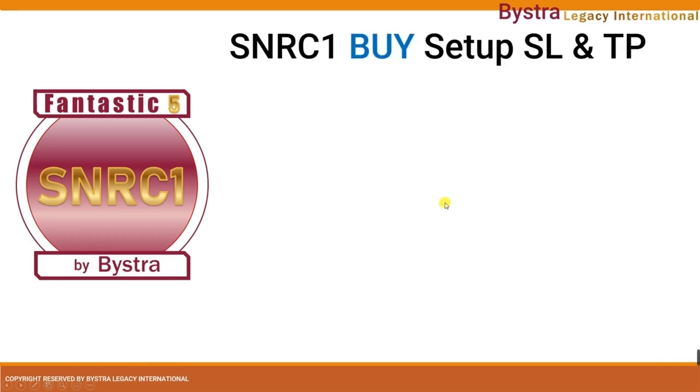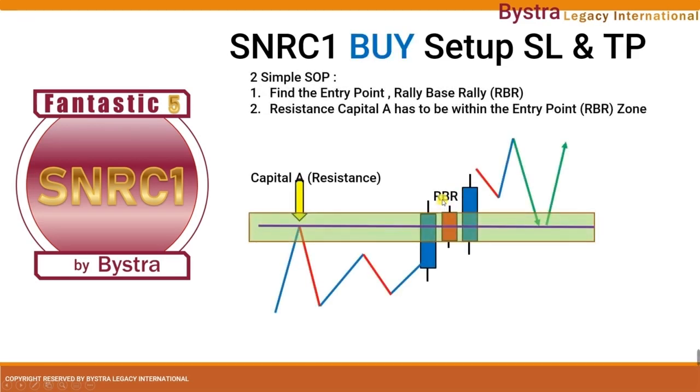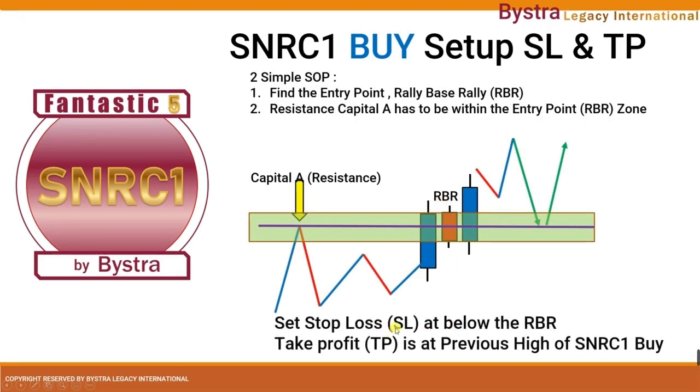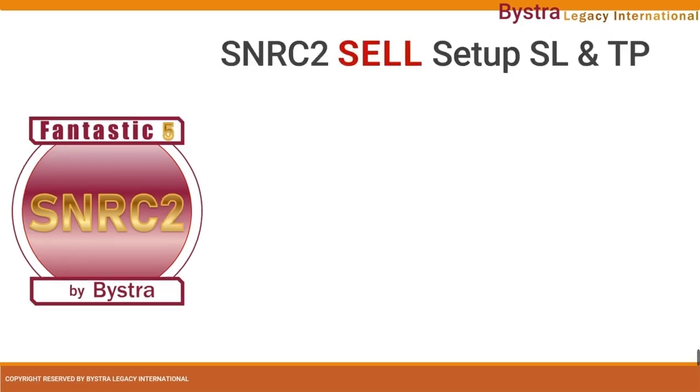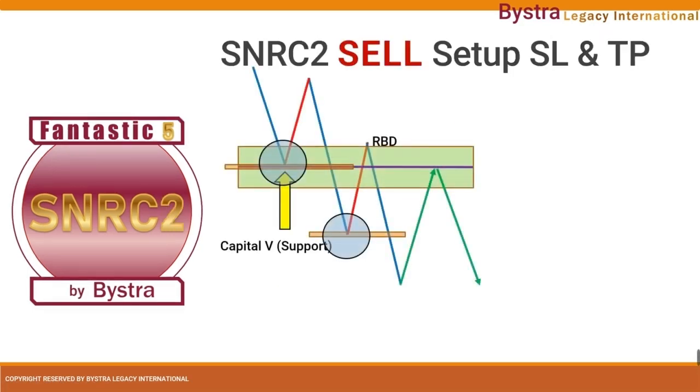Next, for the SNRC1 buy setup, something similar. We will set the stop loss below the rally base rally, below the entry point at the rally base rally area here, and our take profit would be the previous high of the SNRC1 buy. Let's go to the SNRC2 sell.